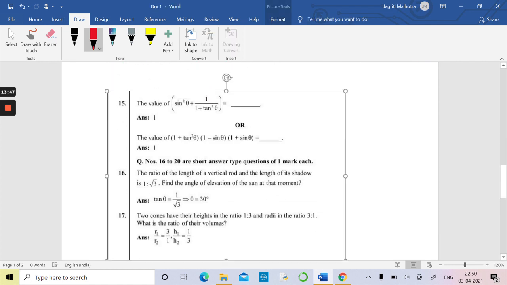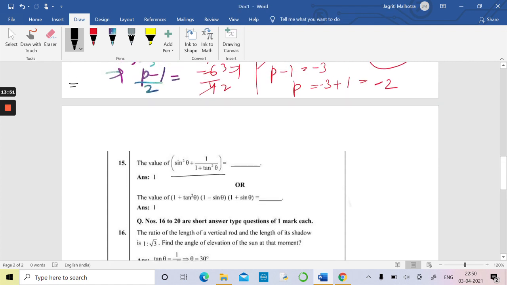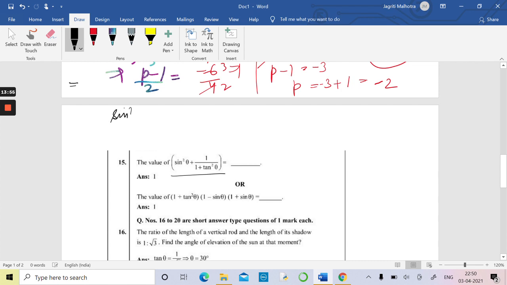Now coming to the next, we have to find the value of this. First of all it is sine square theta plus 1 upon 1 plus tan square theta.